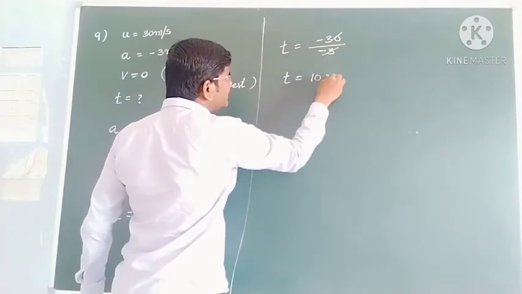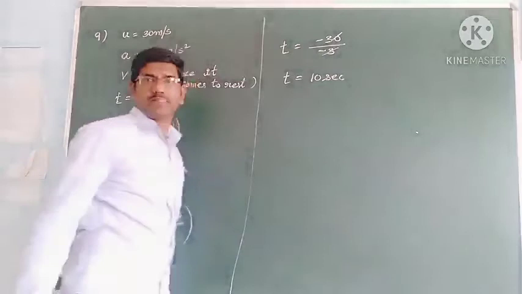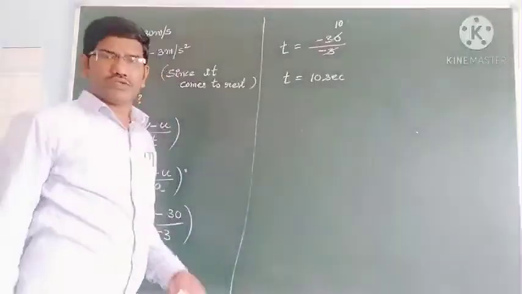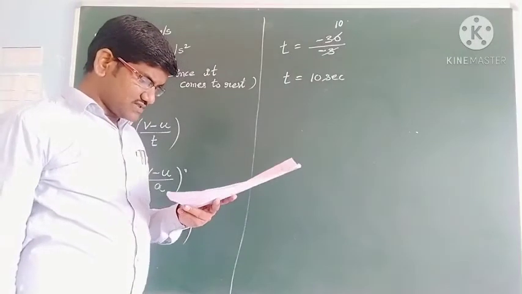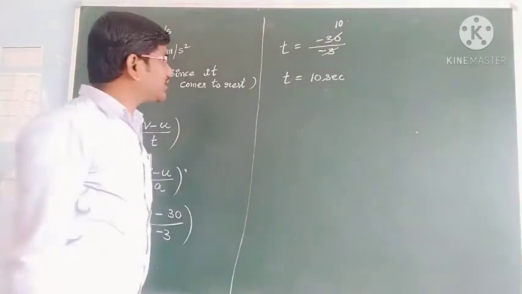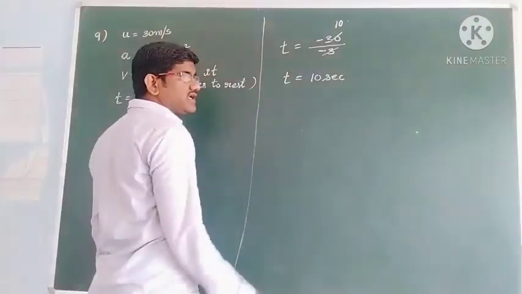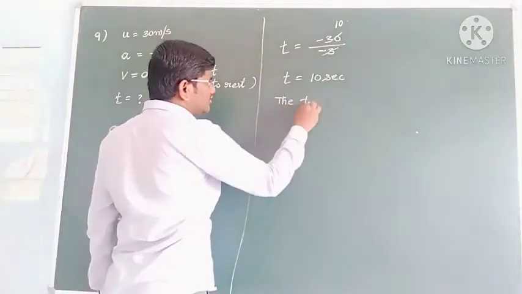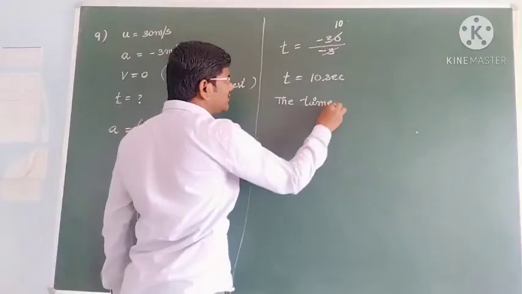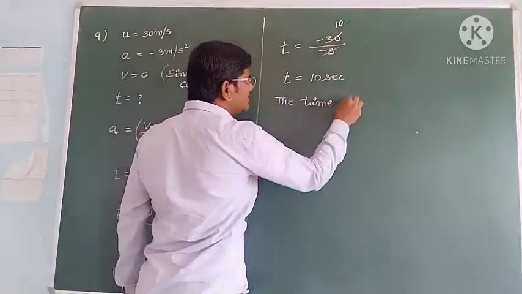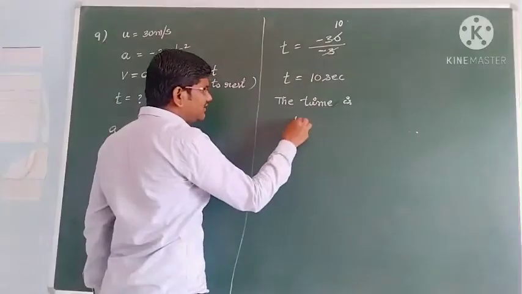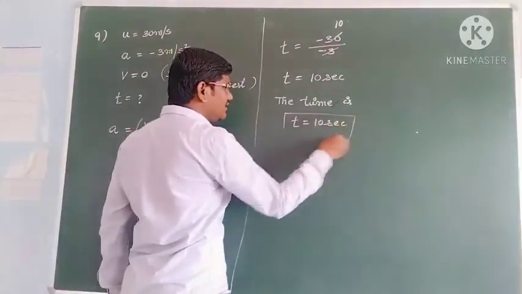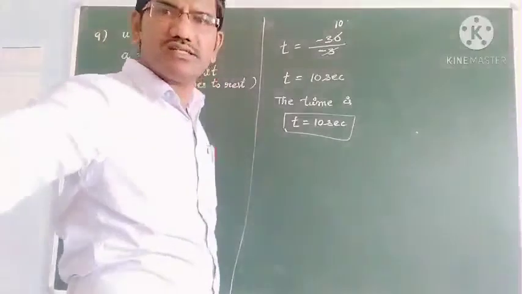So the time is 10 seconds. The time taken by the car to come to rest is 10 seconds. So T is equal to 10 seconds. Okay, students.